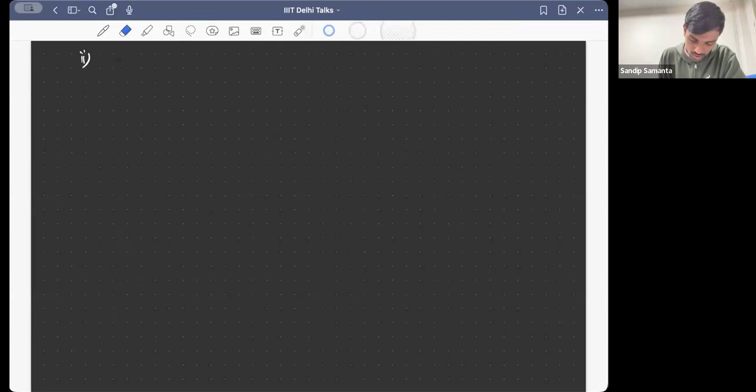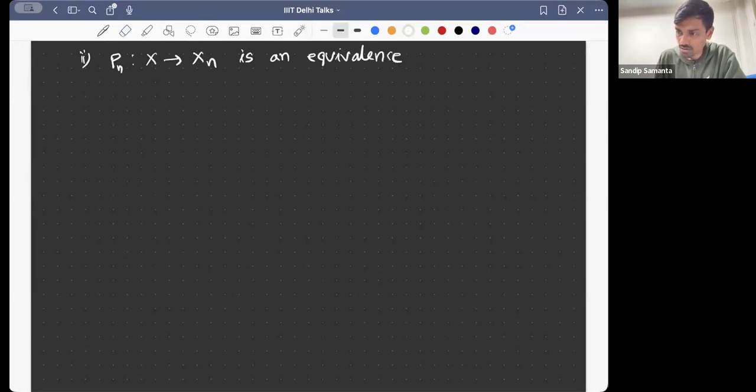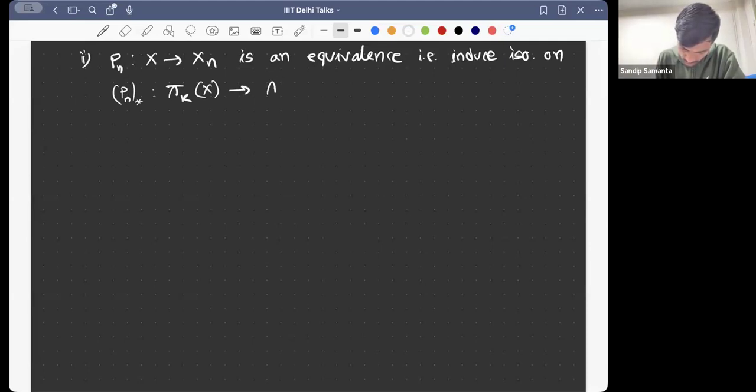From the p_n map, it says that p_n from X to X_n is an equivalence, that is, it induces an isomorphism on pi_k of X. The induced map to pi_k of X_n, for the notation I just write this as pi_k of p_n.